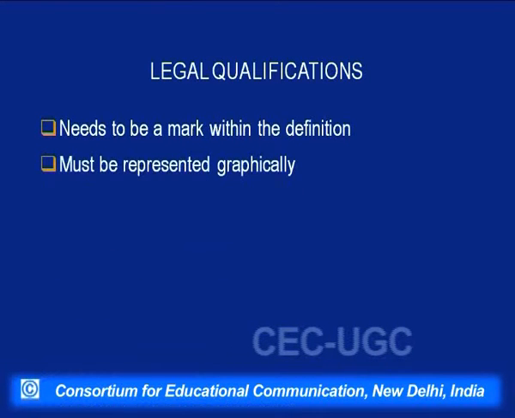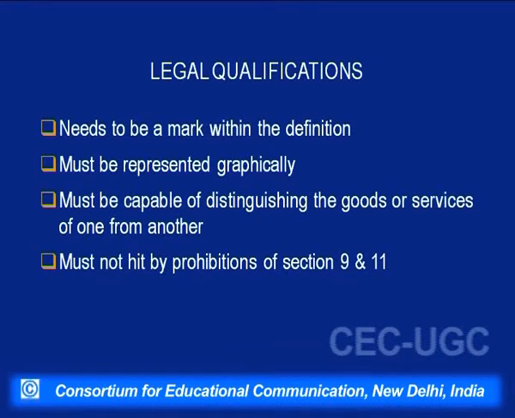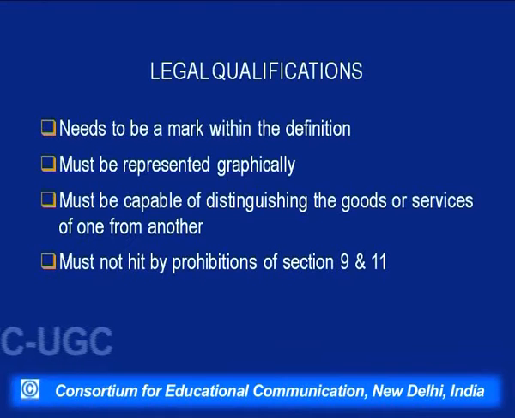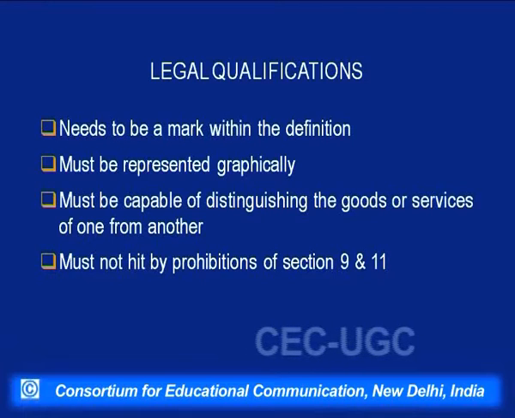Then it must be represented graphically. Then it must be capable of distinguishing the goods or services of one from another. Then it must not be hit by the prohibitions of sections 9 and 11. So these are the legal qualifications to be fulfilled for obtaining a trademark. First and foremost, it must be a mark within the definition.